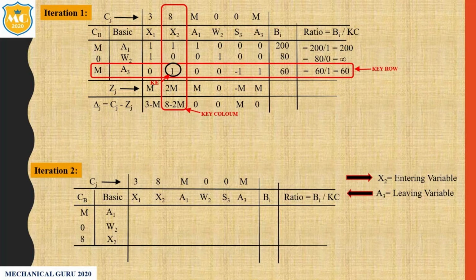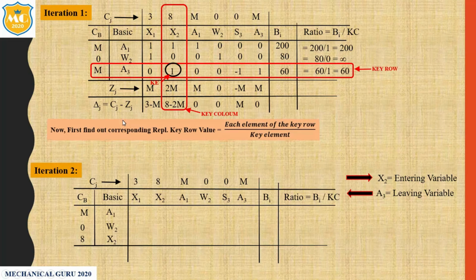Now next we have to find the first key row value. So in that we have to use this equation. The corresponding replacement key row value is equal to each element of the key row divided by the key element. Okay, so what we have to do, just simple.